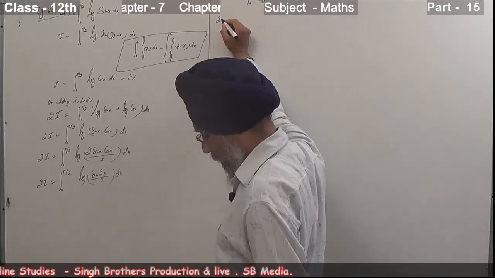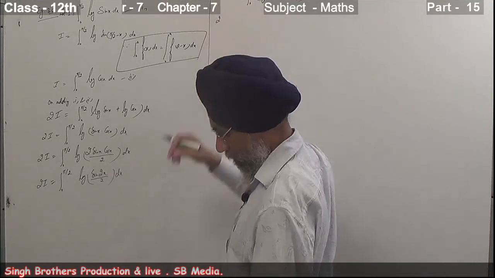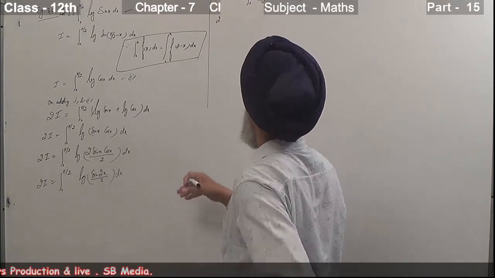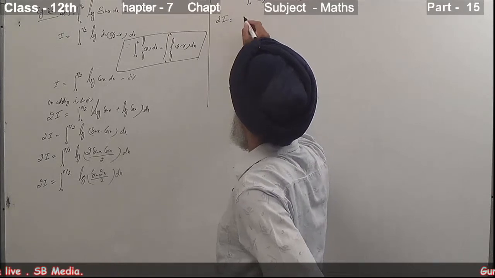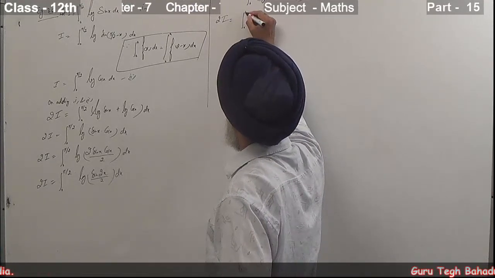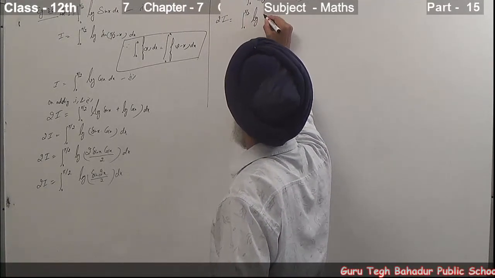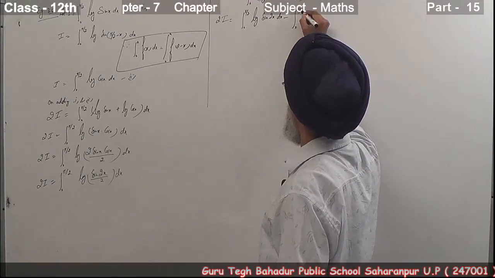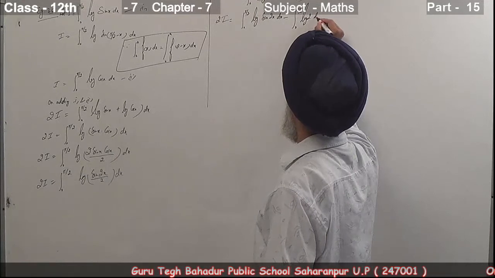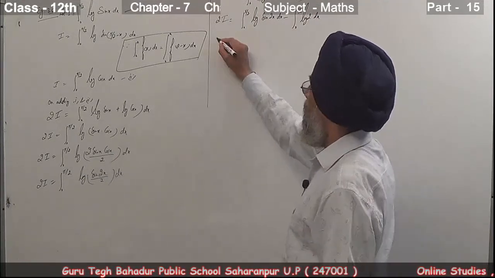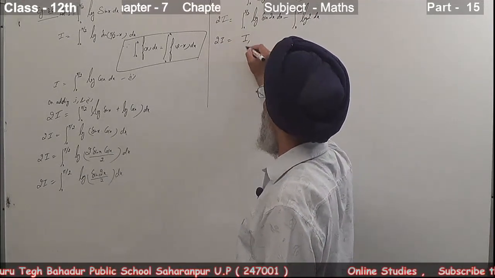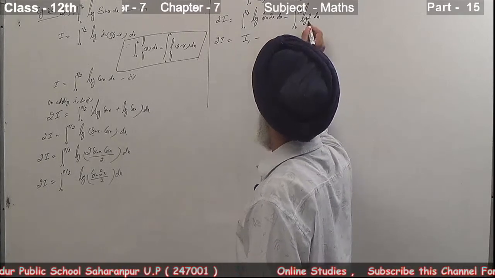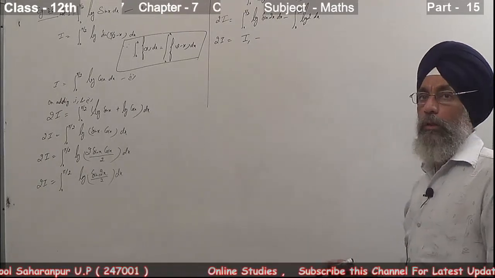So 2I is equal to the integral from 0 to pi by 2 of log of sin 2x dx minus the integral from 0 to pi by 2 of log of 2 dx. It becomes twice of I, say it as I1, minus, log 2 is constant, so log 2 into 1, the integration of 1 is x.